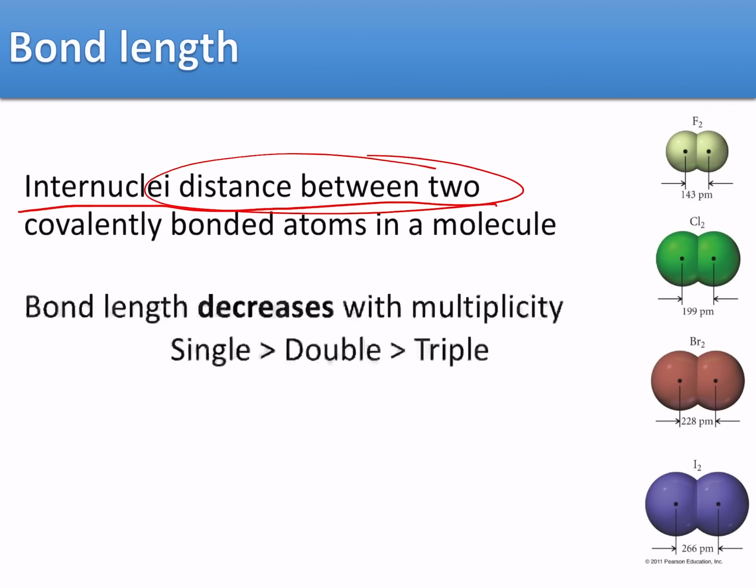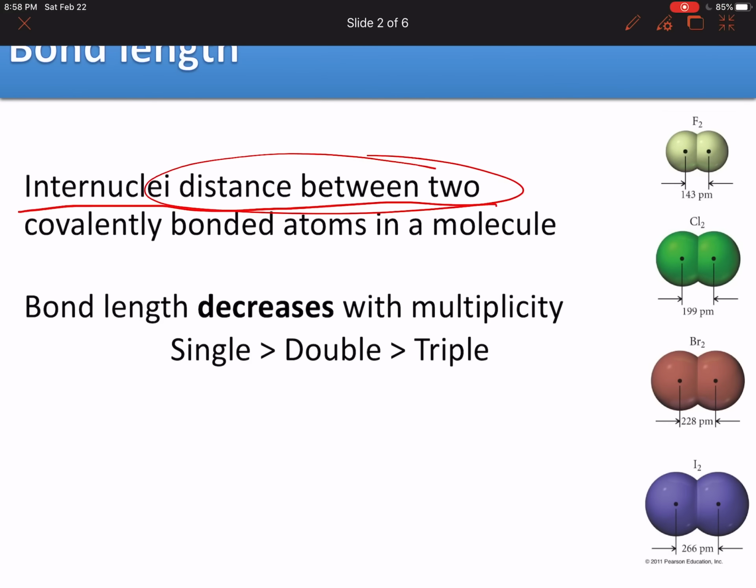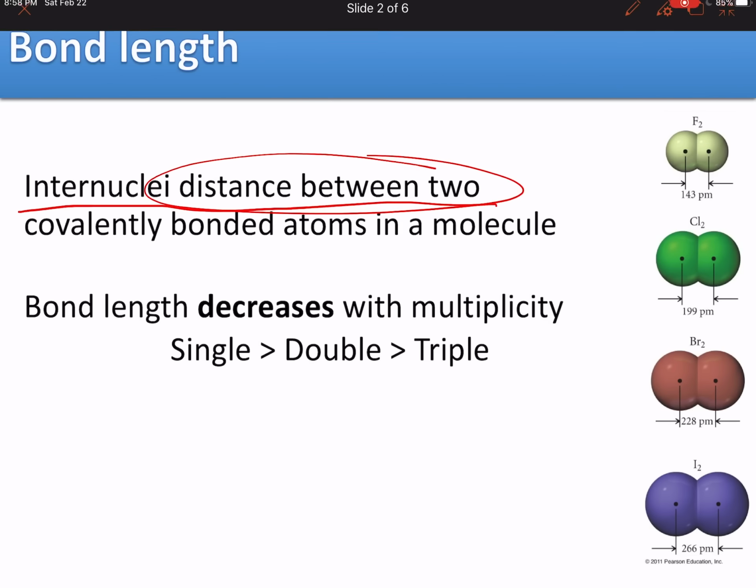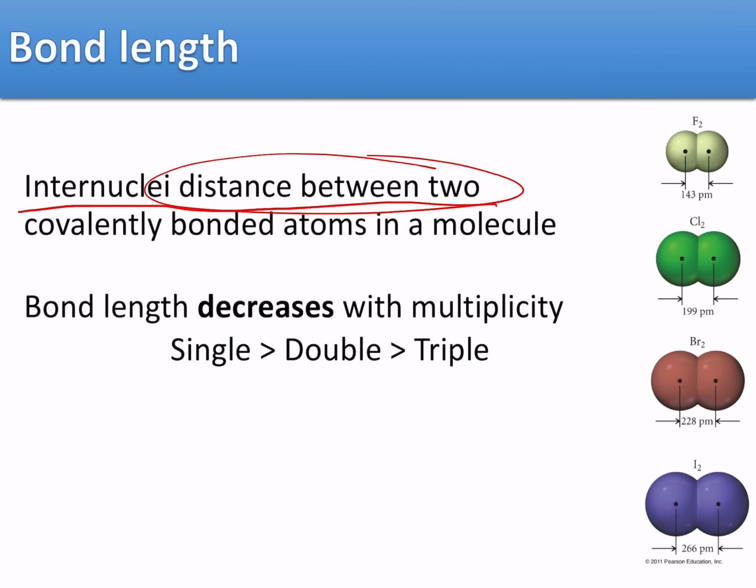However, here we are more interested in the multiplicity of the bond. If the bond multiplicity increases, meaning you are going from single to double to triple, then the bond length decreases. There are two different things that we're going for.